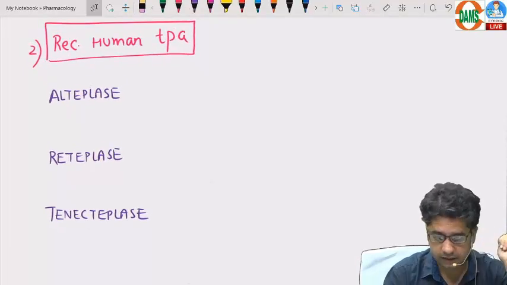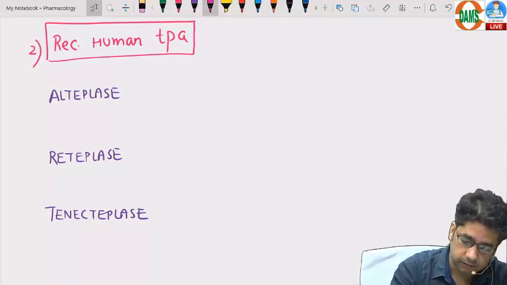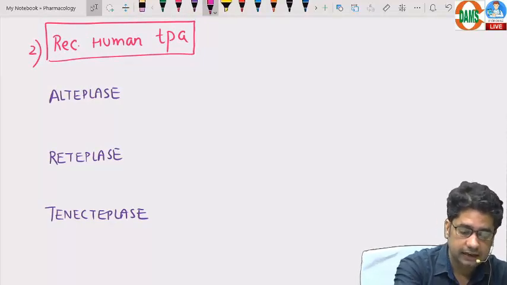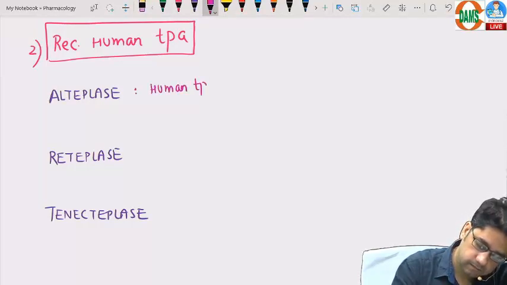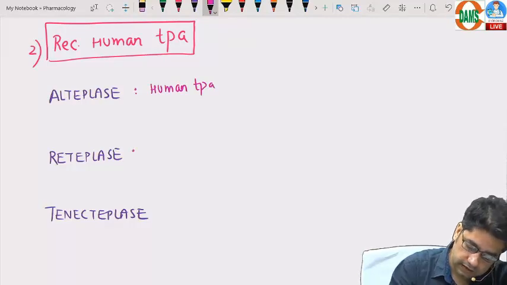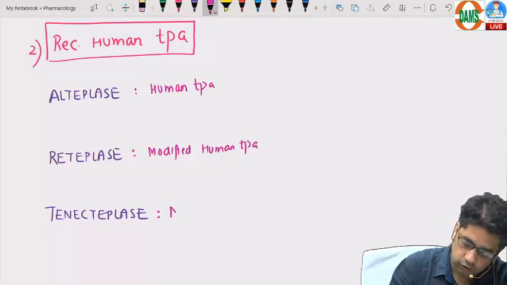Okay, now alteplase, reteplase and tenecteplase, let's write one point with them. Alteplase is exactly human TPA. It is modified form. It is mutant TPA.